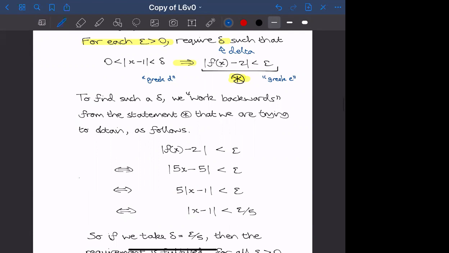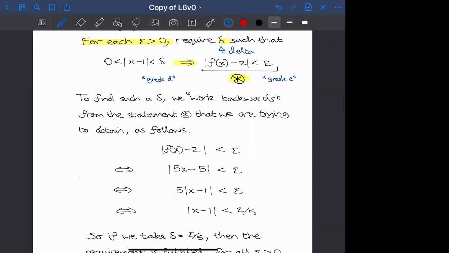So star, the absolute value of f(x) minus 2 is less than epsilon if and only if, just using the definition of f(x), 5x minus 3 minus 2 satisfies that. So |5x minus 5| is less than epsilon. And again, we can take out the 5 to get 5 times the absolute value of x minus 1 is less than epsilon, and then we can take out 5 to get |x minus 1| is less than epsilon over 5.